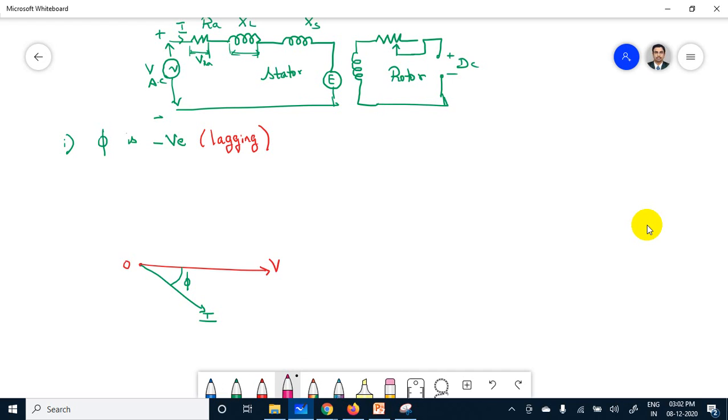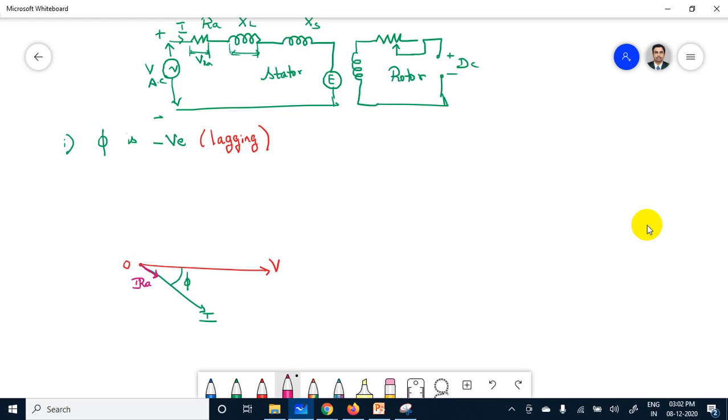From 0, the line coming to this point is nothing but I into RA. This is the voltage drop across the resistance.